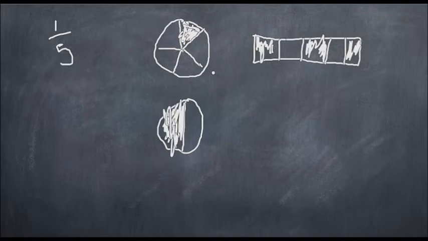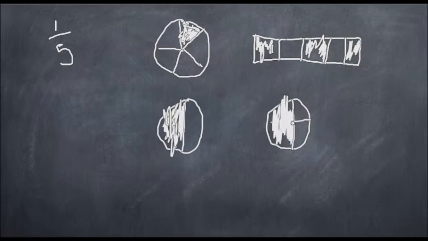So let's say you had a half here, and then in this case you have 2/4. As you can see, it's exactly the same. So there you go. If this is a half, this equals 2/4.